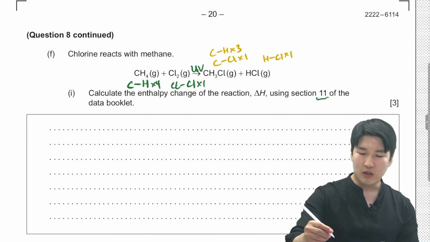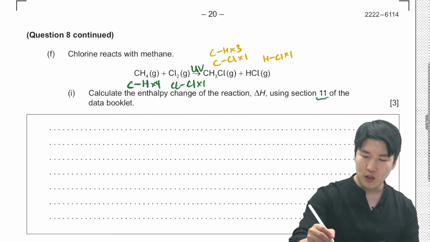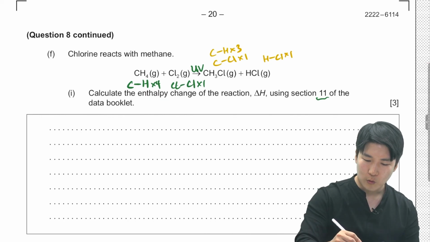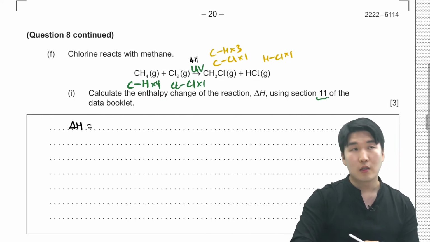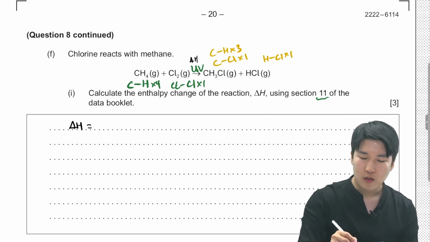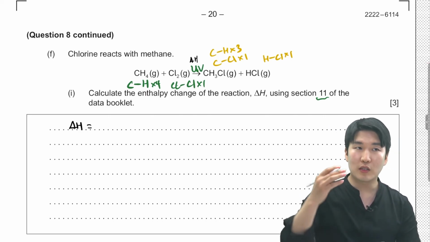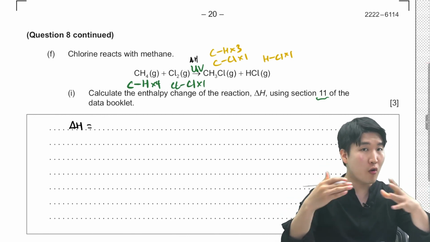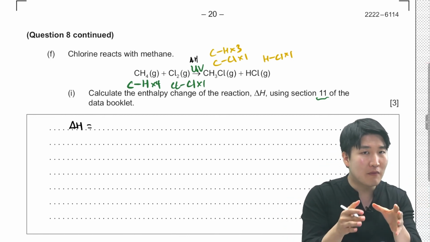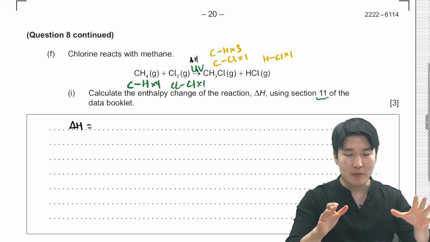Enthalpy change, delta H, is going to equal the sum of the bond enthalpies of our reactants. Why? Because we need to input the energy that corresponds to the bond enthalpy values of our reactants to break them.